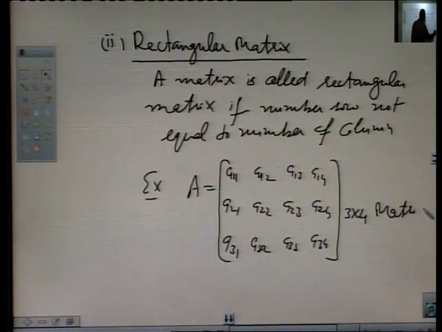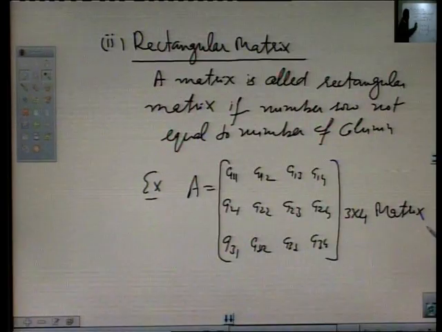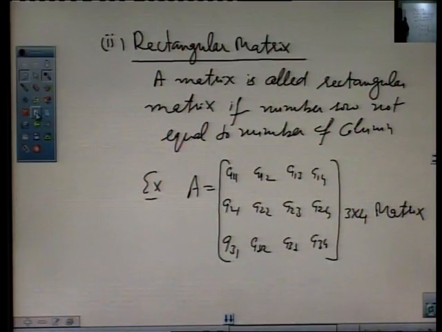This matrix has 3 rows and 4 columns: first row, second row and third row, first column, second column, third column and fourth column. If the number of rows and number of columns are different, then the matrix is called a rectangular matrix.